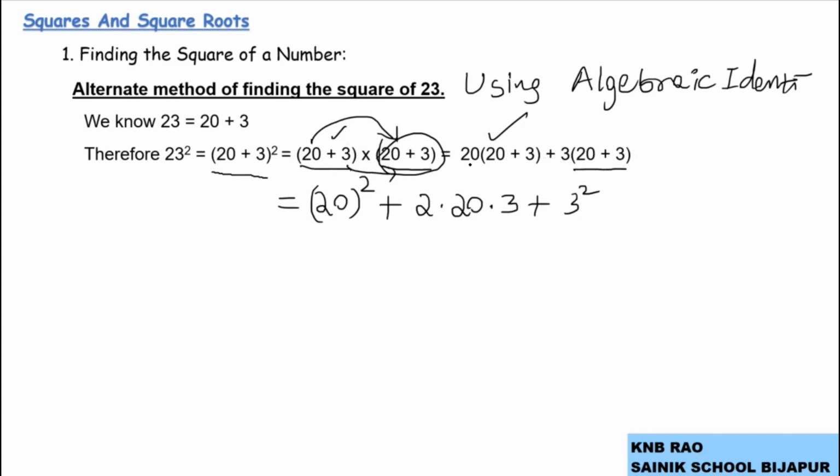Now again, distributive property: 20 into 20, 20 square; 20 into 3; next, 3 into 20.